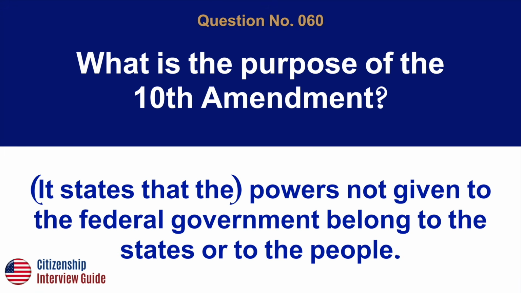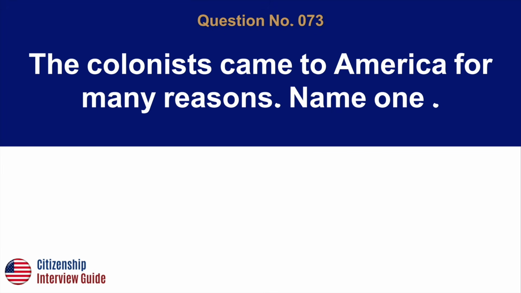It states that the powers not given to the federal government belong to the states or to the people. The colonists came to America for many reasons. Name one. Freedom.